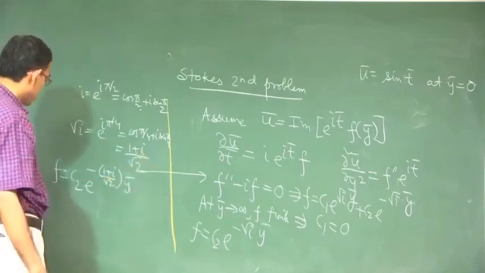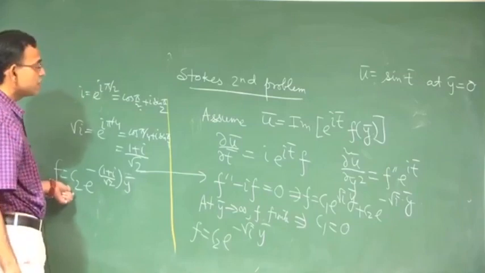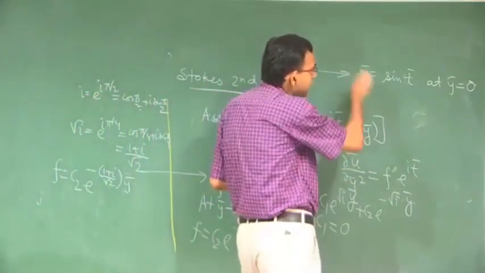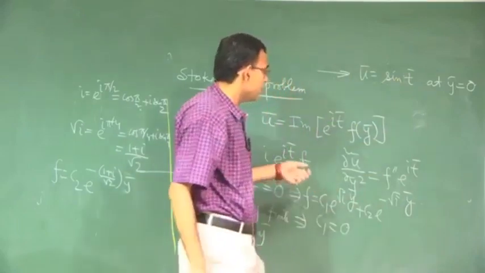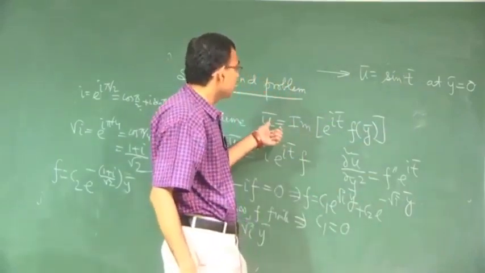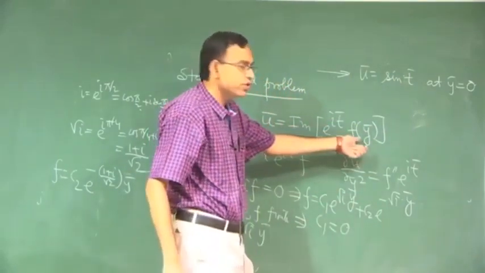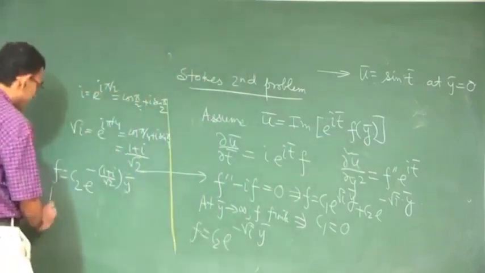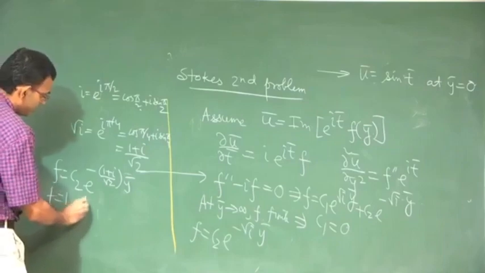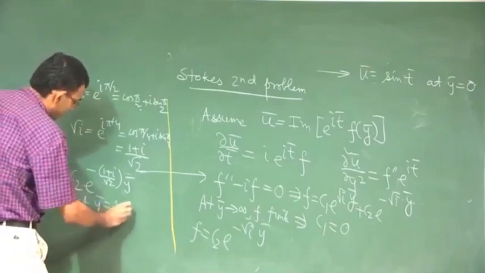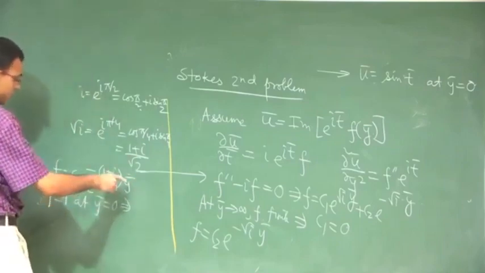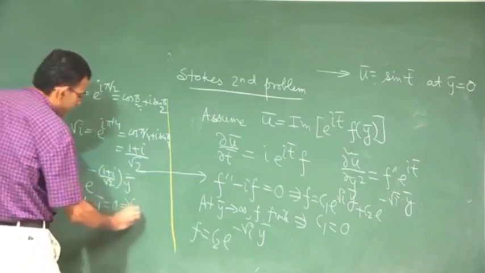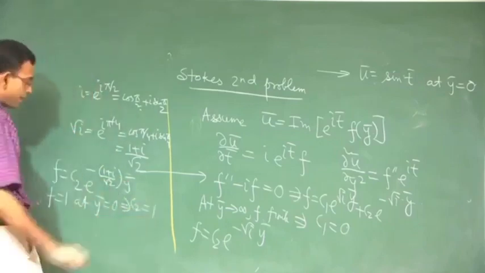How do you get C2? Straightforward. This boundary condition is valid at y equal to 0. So, at y is equal to 0 you must have f is equal to 1. So, f is equal to 1 at y is equal to 0, that means at y is equal to 0 this exponent is 0, that means C2 is equal to 1.